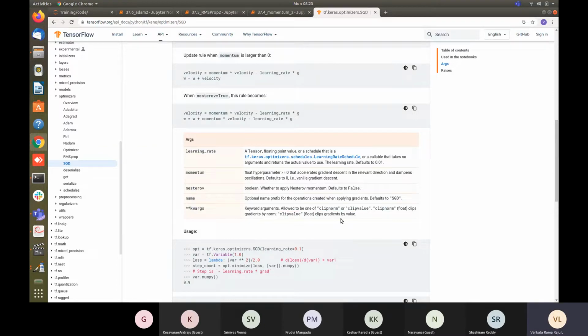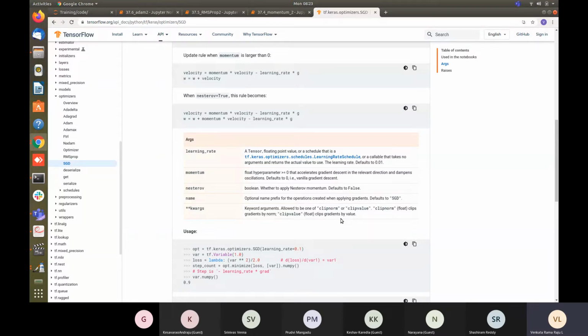So yeah, let me explain clip value first. Then we'll talk about clip norm. Clip value means, I said that there will be exponential exploding and vanishing gradients, right? In that concept, when the weight values or the gradient values are exploding, the weights will move in the wrong direction.